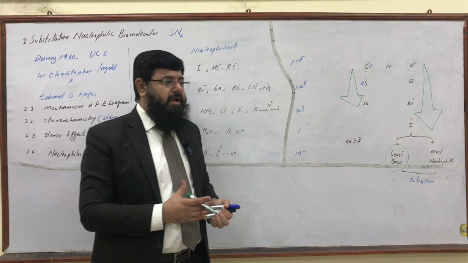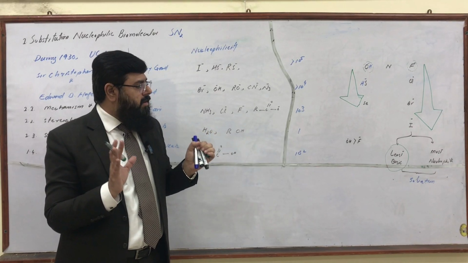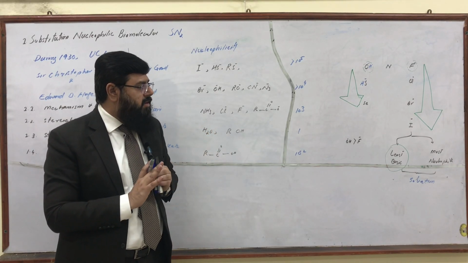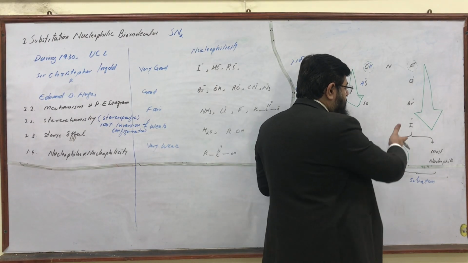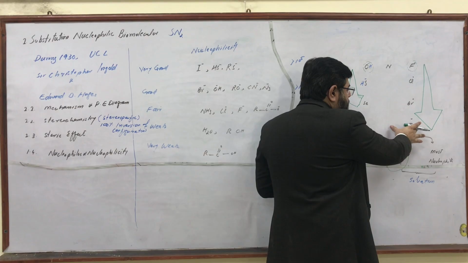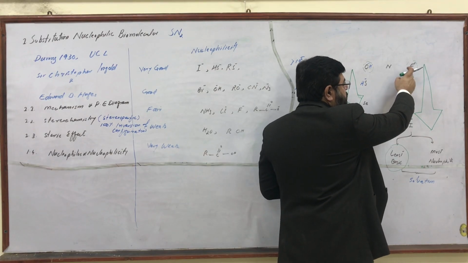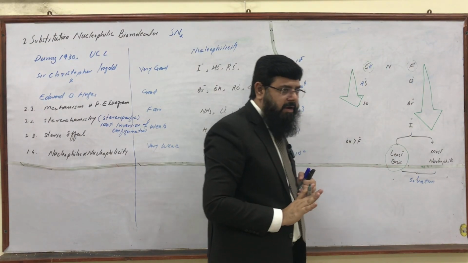But on the other hand, if there is no solvent, means we are conducting these reactions in gaseous phase, under those conditions their reactivity will be reversed. In gaseous phase, there is no solvation. It means fluoride is fully available to react with alkyl halides.